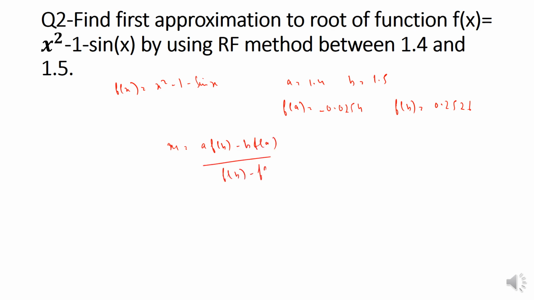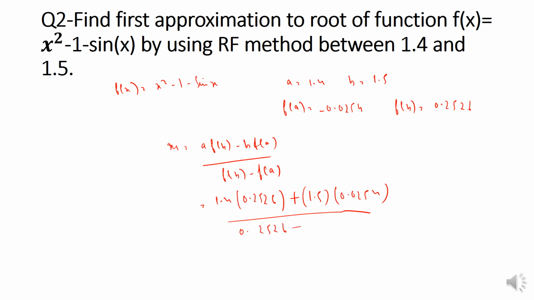Now x1 is equal to a into f of b minus b into f of a by f of b minus f of a, that is equal to 1.4 into 0.2526 plus 1.5 into 0.0254 by 0.2526 plus 0.0254.